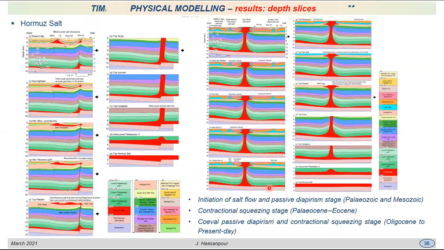So, from the interpretation of the seismic data, cross-sectional restoration, and these two physical models, we can see three main stages in the history of the Hormuz Salt movement in the study area, which includes an early stage of passive diapirism during the Paleozoic and Mesozoic, followed by contractional squeezing of the diapirs leading to the extrusion of evaporites.